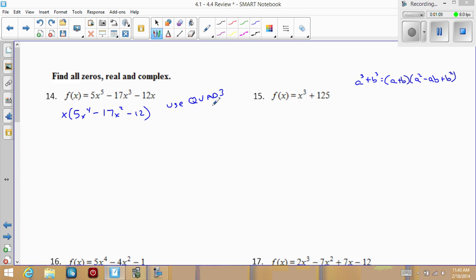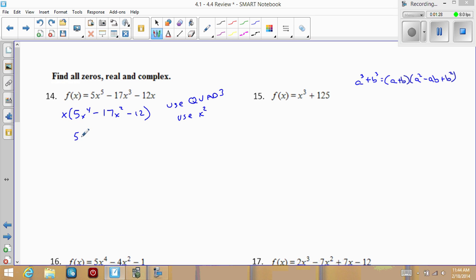So when we use quad 3 and we look at the factors that they give us, we need to use x squared in place of x. Okay? So when we use quad 3, it's going to give us 5x plus 3 and x minus 4.